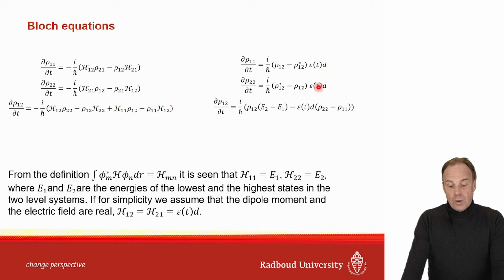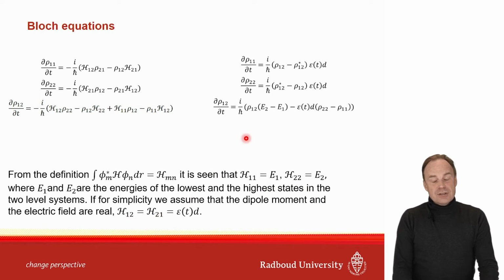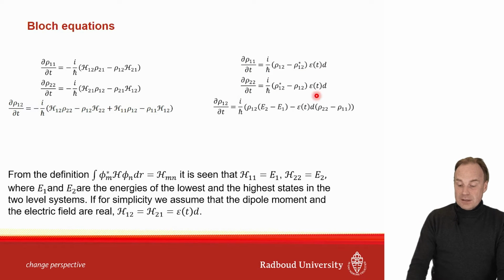Instead of abstract H21, H12, H11 and H22, we get energies, electric fields and dipole moments, and each dipole moment characterizes a particular two-level system. So we get 3 equations, as I said already, for 2 diagonal elements of the density matrix and 1 off-diagonal element.